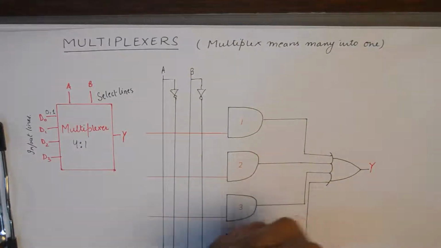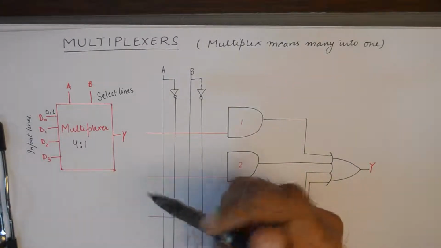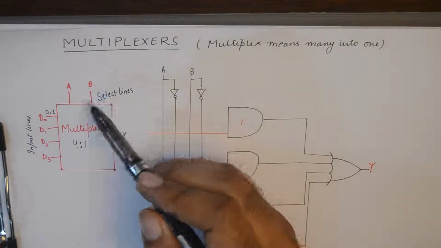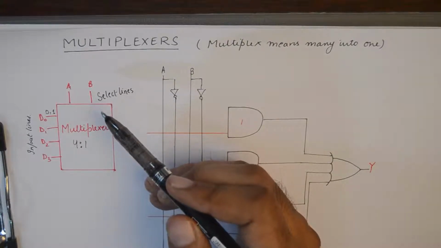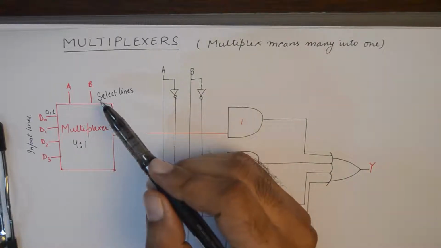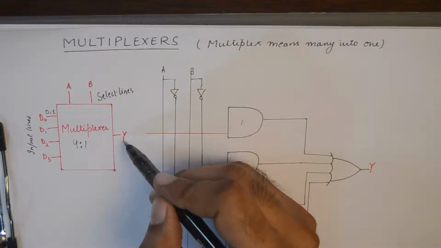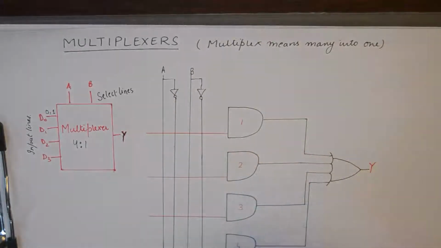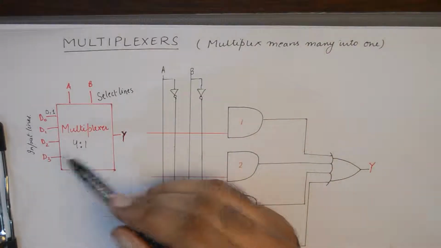So if you were to make the VHDL program of this multiplexer, you would define input lines, of course, as input, but the select lines are also an integral portion of the input. In fact, the intelligent part of the input is the select lines. So output is just 1, and let's see how this multiplexer achieves this target of sending one of the inputs to the output.